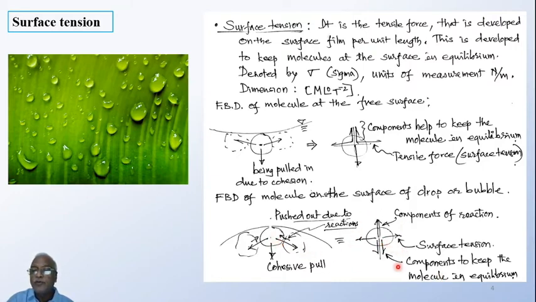So overall, what I want to say is the pull and the push are balanced, but sideward, whatever force is there on the surface, whether it is on the surface of a drop or bubble or on the free surface, this tangential force, or the force along the surface, is surface tension, or force due to surface tension.